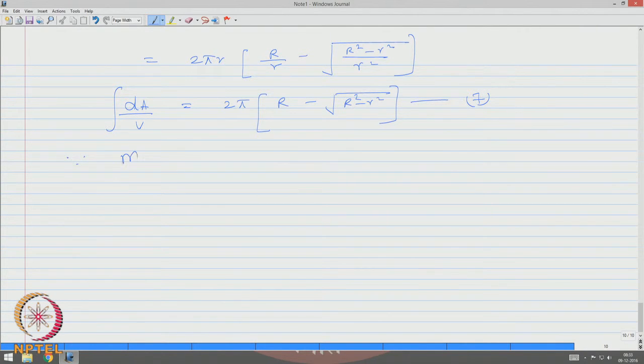Therefore, MA is the integral dA minus R times the integral dA by v. So, MA is pi r square minus R into 2 pi R minus root of R square minus r square.